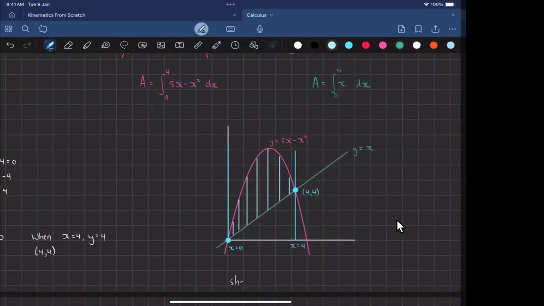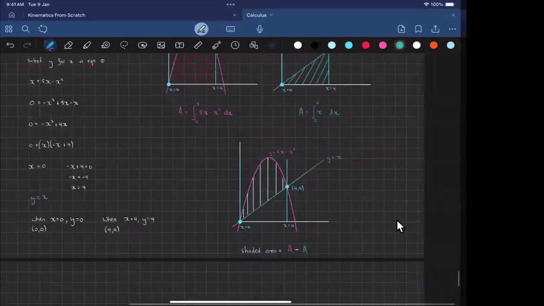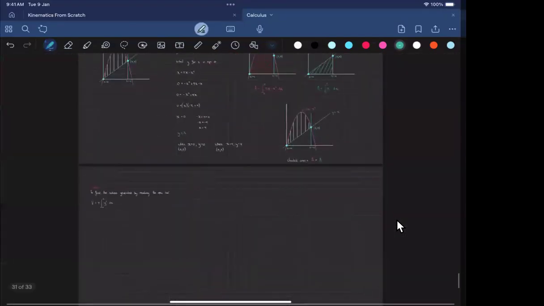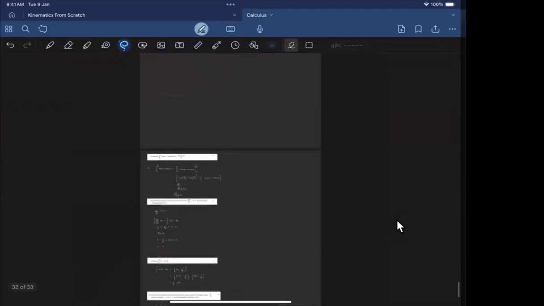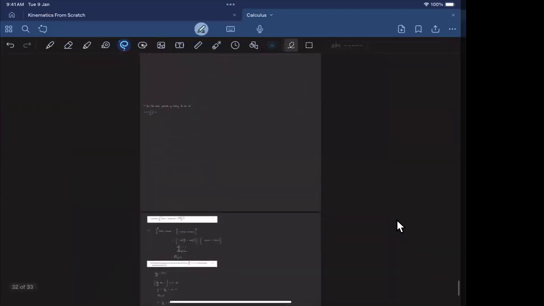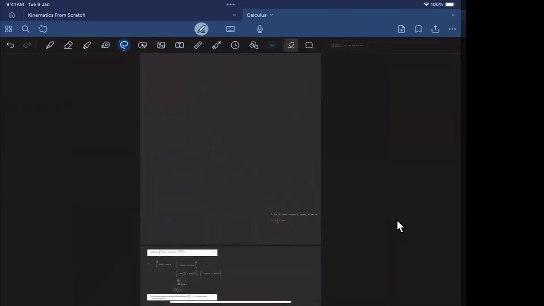You subtract the area of the first one from the second one. Yeah. That's what we had to do. Let's go to our new page real quick. I think this deserves a whole page.